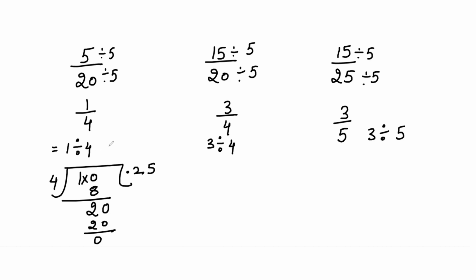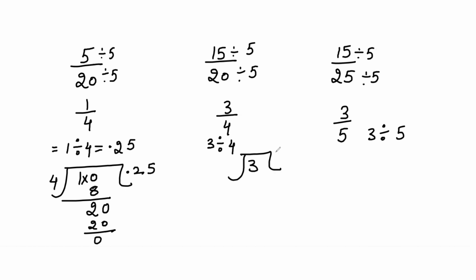So I'll get 0.25. This is only for your understanding, where I'm putting this point and making a cross. You always need to do this work on the rough side of your paper and write only your answer.